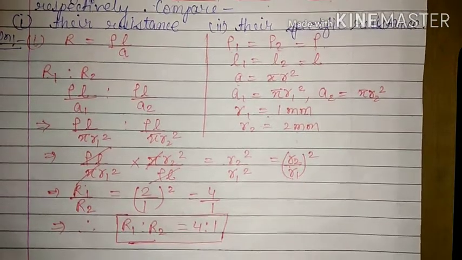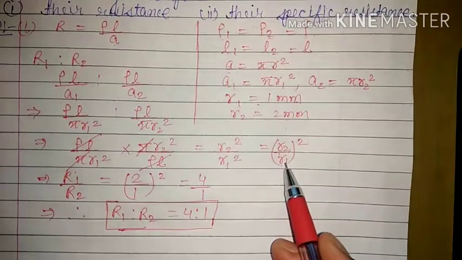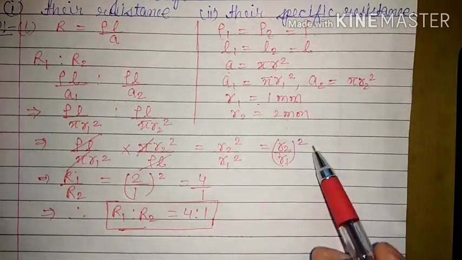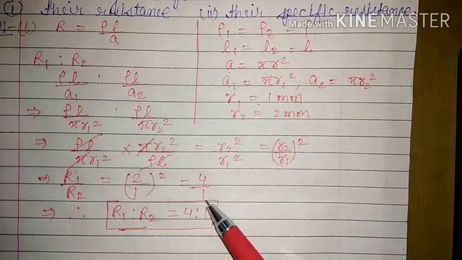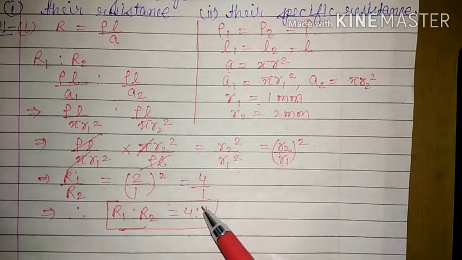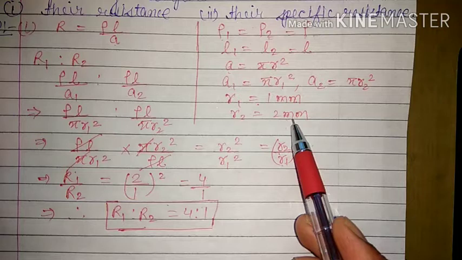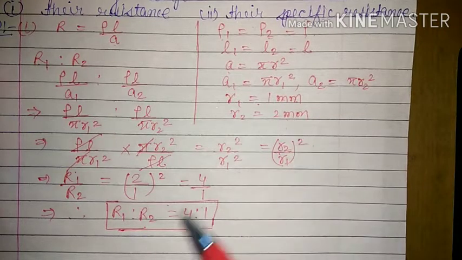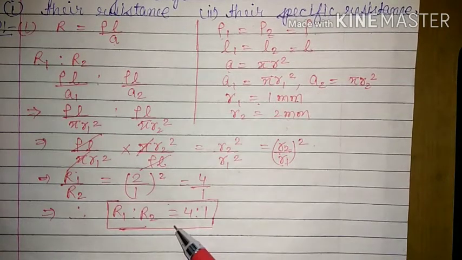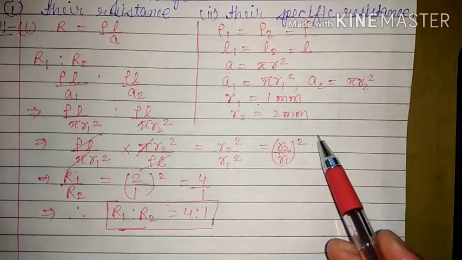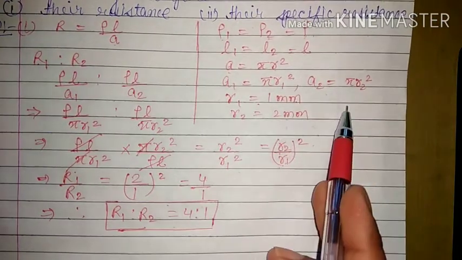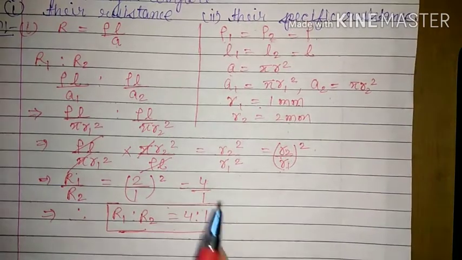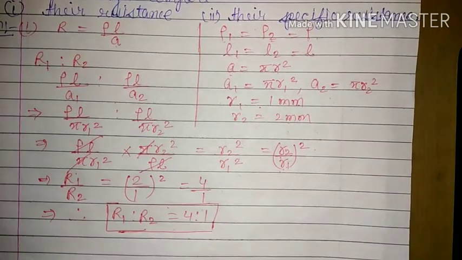But since here we are finding the ratio of two quantities, the 10 raised to power -3 will cancel out, and we again get the same ratio, that is 4:1. So if you want to convert into the SI system, you can, but here we need only the ratio of two quantities, so the same factors will cancel out. That's why we have not converted it into meter. This is our question number 8.